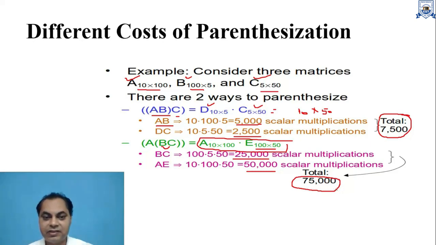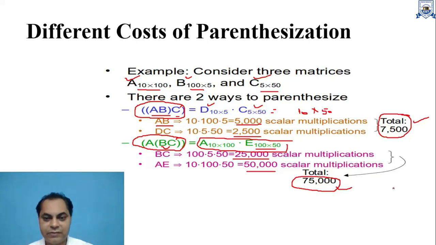You can see that a small variation yields a very large number of multiplications. That's why this is a very important problem. We have to find these parenthesizations in such a way that we have the minimum number of scalar multiplications.